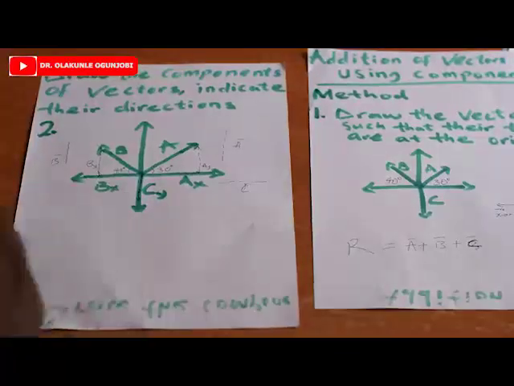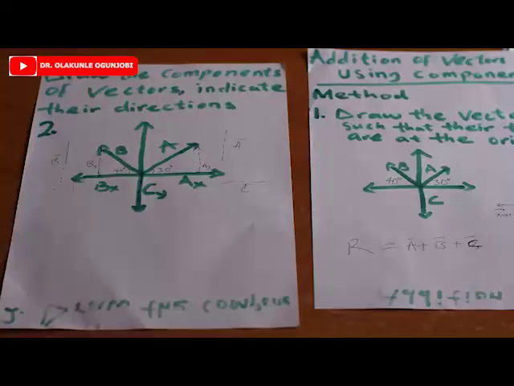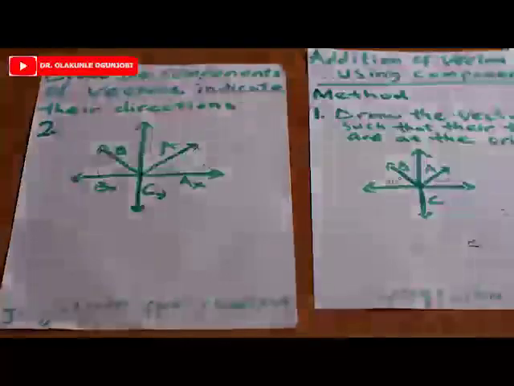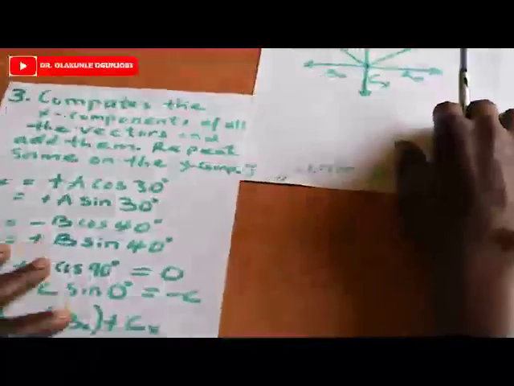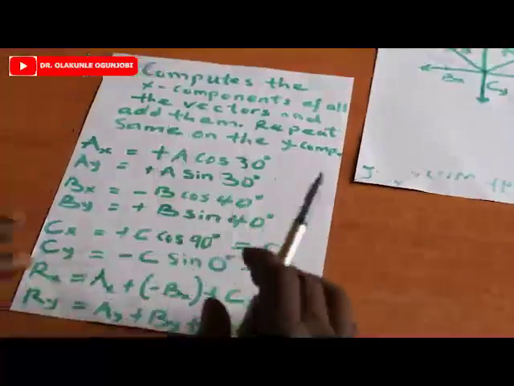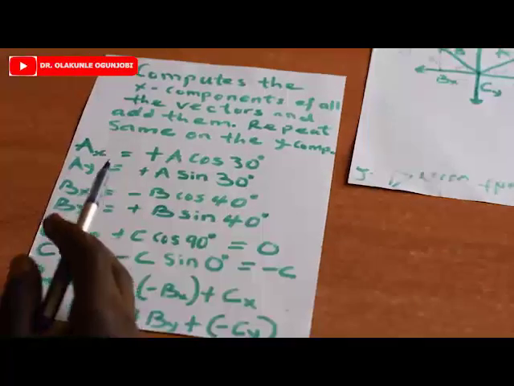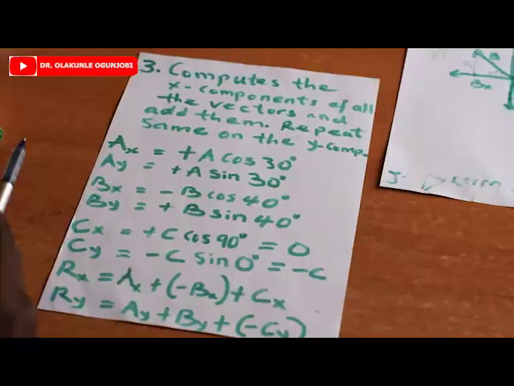So the third thing to do, once you have been able to indicate their directions in this manner, is to compute the x component of all the vectors and add them.